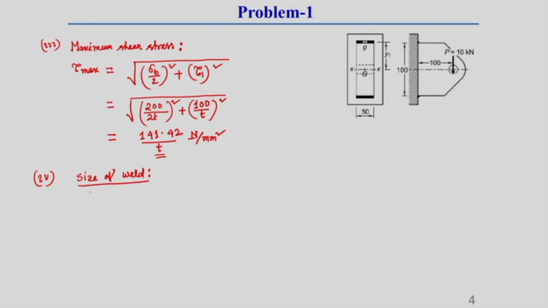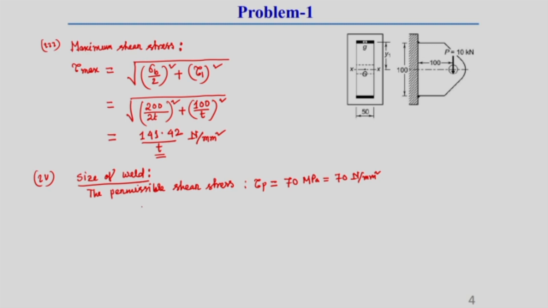Here we know the permissible shear stress tau p, which is given as 70 MPa. 70 MPa means 70 Newton per mm square, because we know 1 MPa equals 1 Newton per mm square.